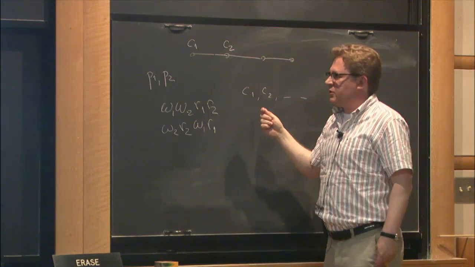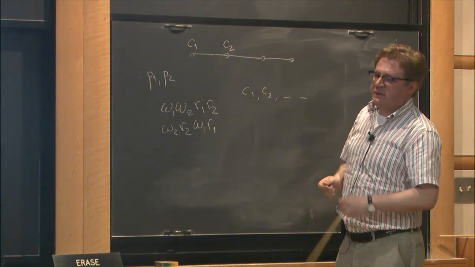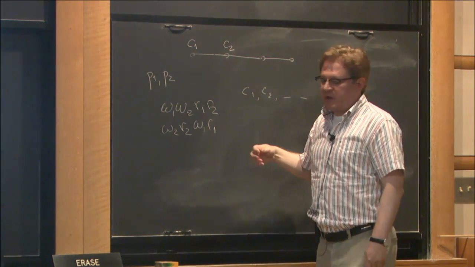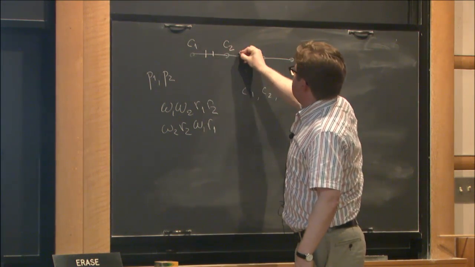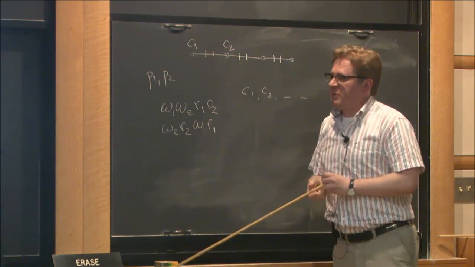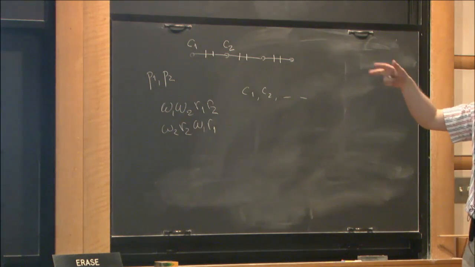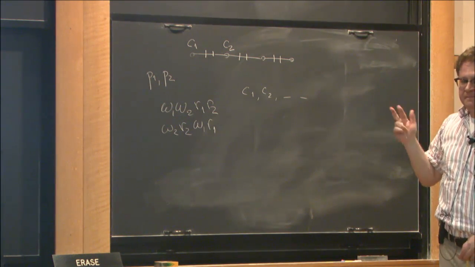OK, if you had a protocol where, for example, they repeated this instead of doing it just once, they try to fix it and repeat a few rounds. All that will happen is that you will subdivide this further. This is what happens if you take this protocol and iterate it. You just iterate the subdivision, which we call the standard chromatic subdivision.